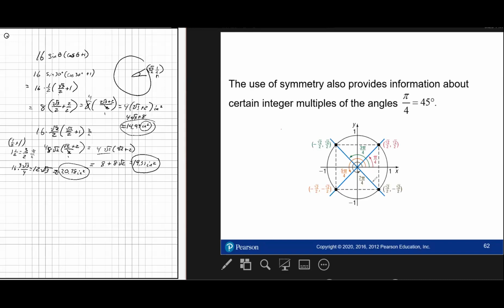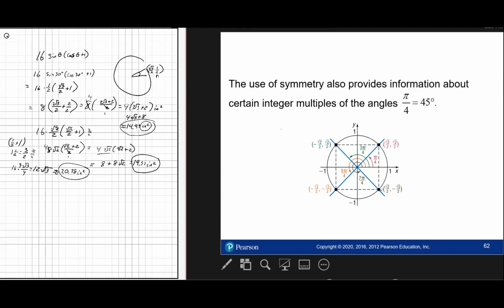If we're talking point symmetry, then the point up here in the first quadrant has point symmetry with the point down here in the third quadrant, which means all we're doing is changing the signs on our x and y. Same thing with the second quadrant and fourth quadrant. We're just changing the signs on our x and y.